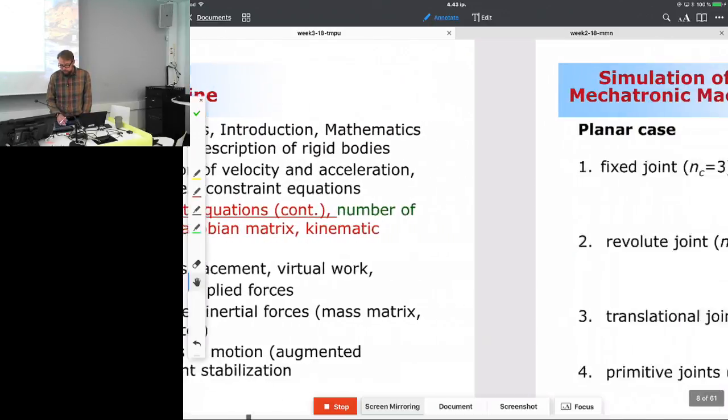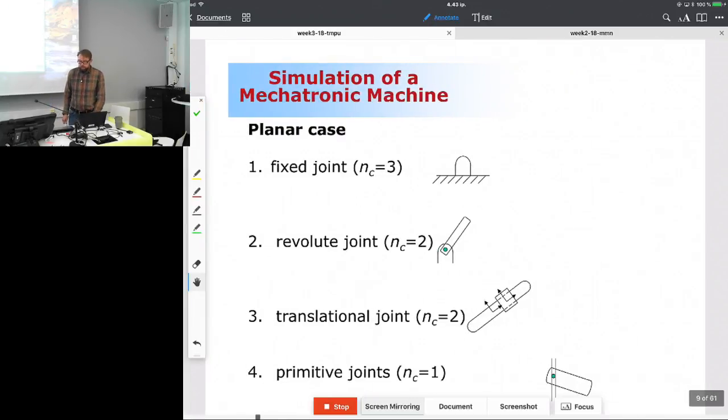Okay, constraint equations continue. Here are the different choices for two-dimensional space, and this really tells you the number of constraint equations you need in different cases. The first case I have here is a fixed joint, which, by the way, is not a good idea to model, because it makes no sense to model a body that is unable to move.